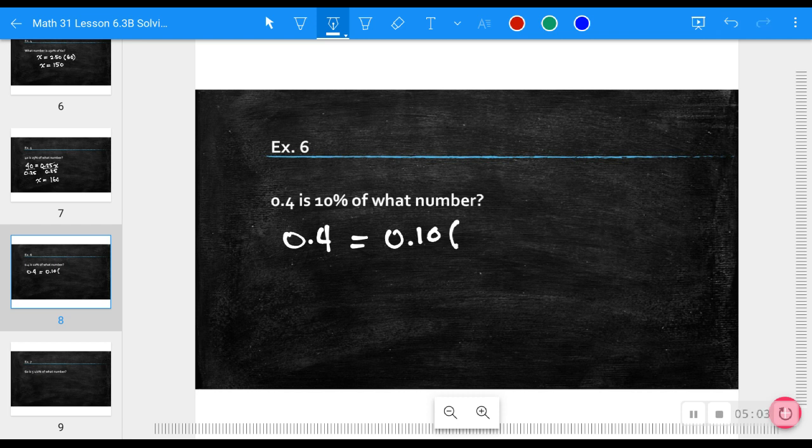So you can put the variable in parentheses. That's one way to do it. Or just put it up against it is the best way. Anyway, we're going to divide both sides by 0.10. And that tells us that x has to be 4.